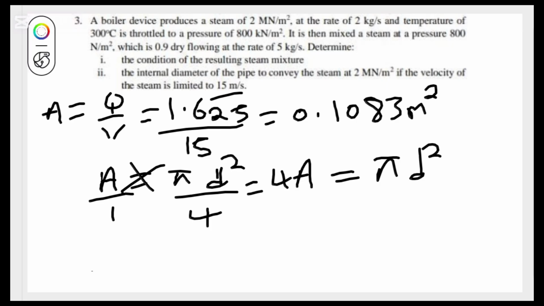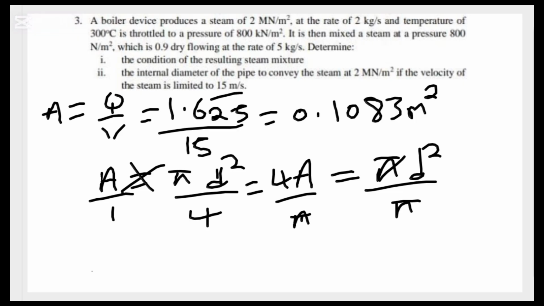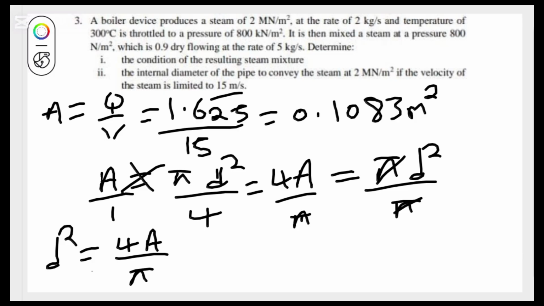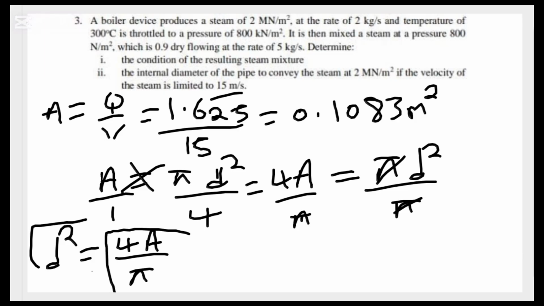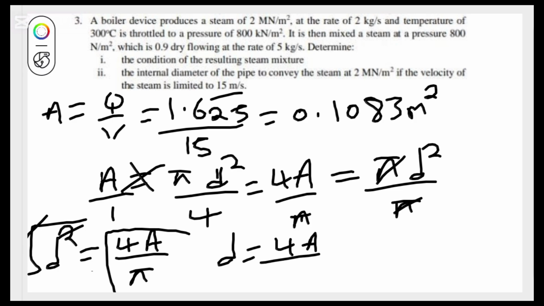So next, I'm looking for d. So I have to divide both sides by pi. Pi will go with pi. So d square will now be equal to 4A by pi. After then, I will say taking the square root of both sides. At the end, my d will be equal to the square root of 4 multiplied by A divided by pi.